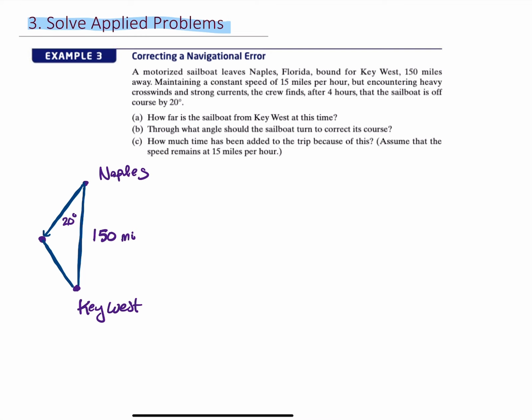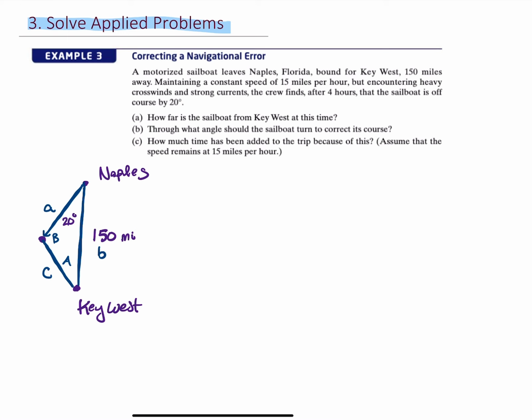Let's call this side length C. We can call this one A, and this 150, let's call that B. So then that would make this angle B inside here. And this would be angle A. So it wants us to find first how far we are from Key West.